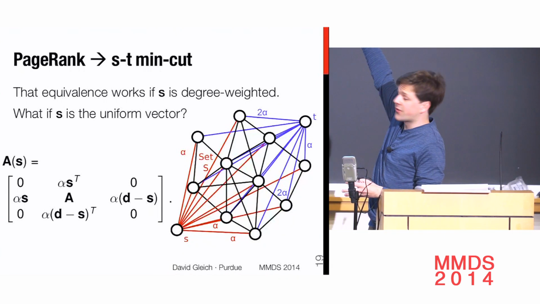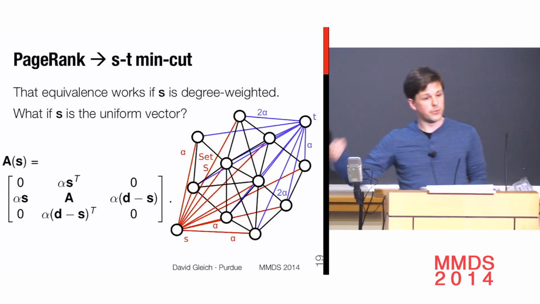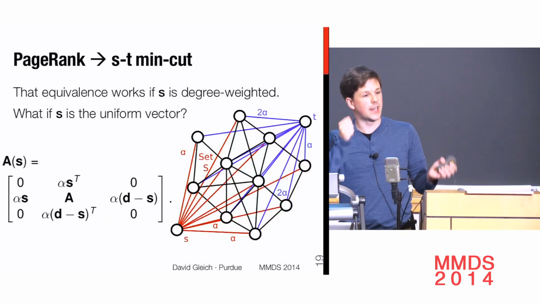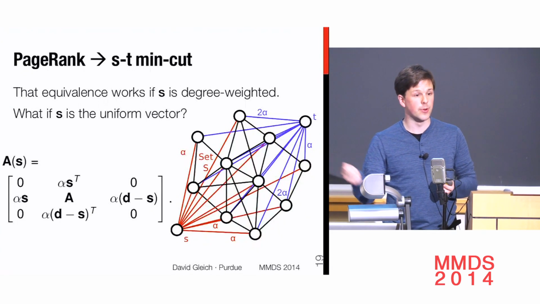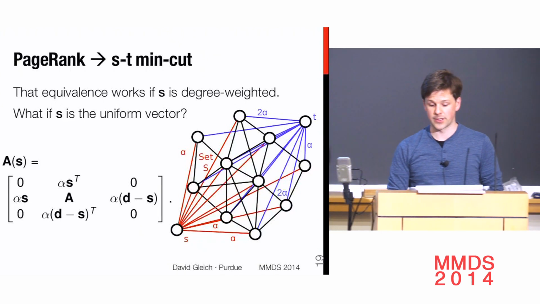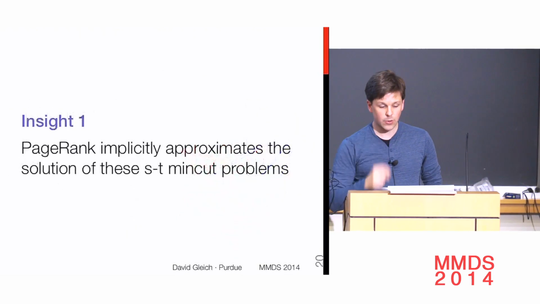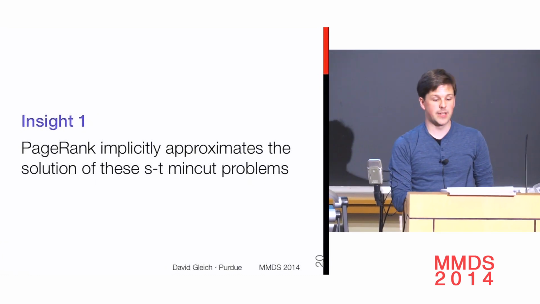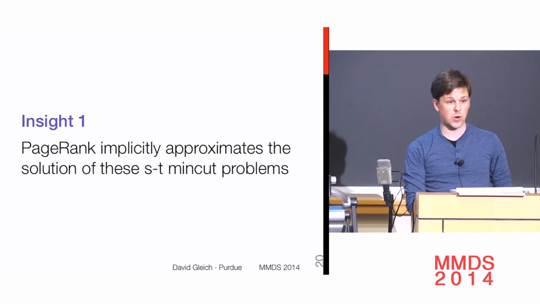And if you do the same machinery with this system, you state the 1-norm approximation and then take out the 1 and turn it into a 2, you get back the PageRank vector with uniform teleportation as well, or a uniform seed. So PageRank implicitly approximates the solution of these st-min cut problems.